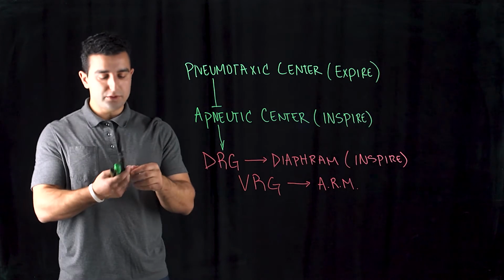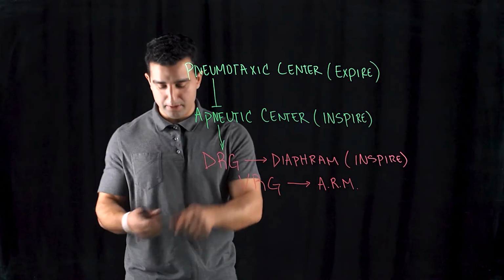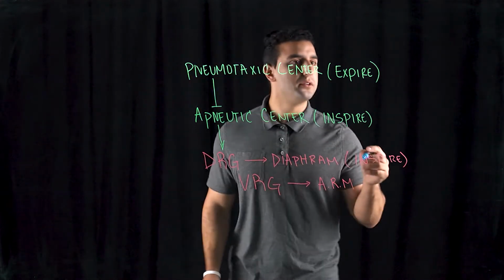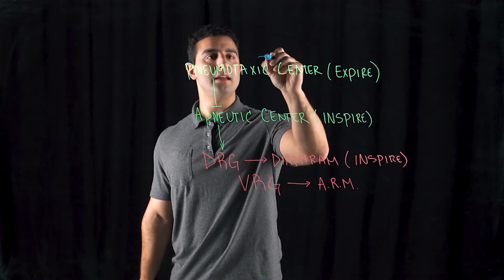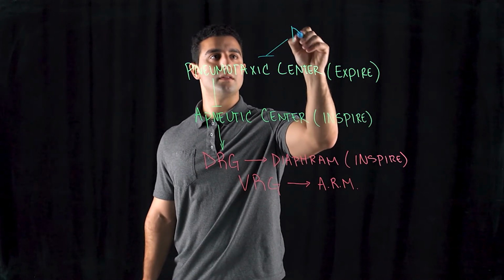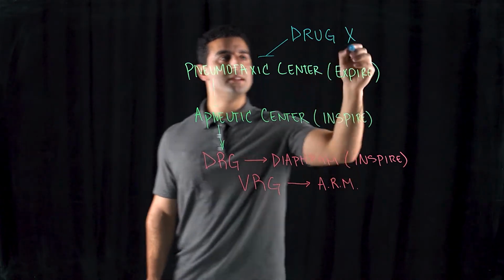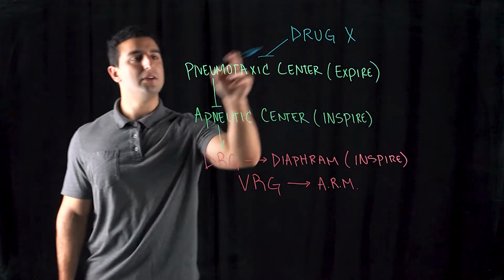Now let's play around with this. If I add some kind of drug X that inhibits the pneumotaxic center, so an inhibitor of the inhibitor, would this lead to inspiration or expiration?